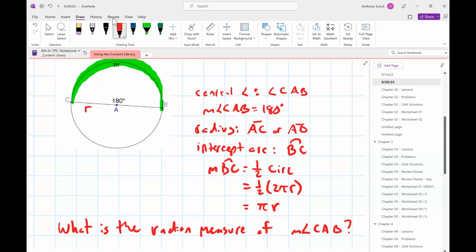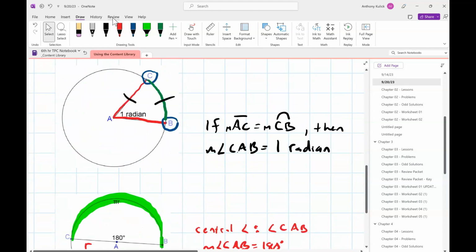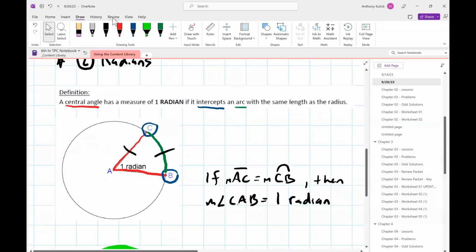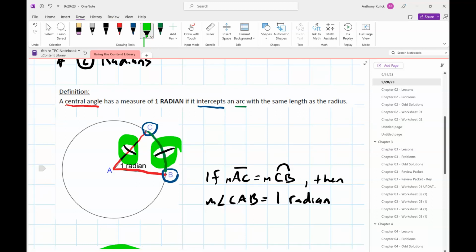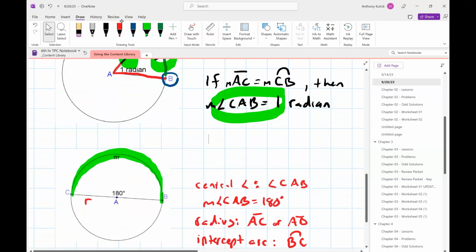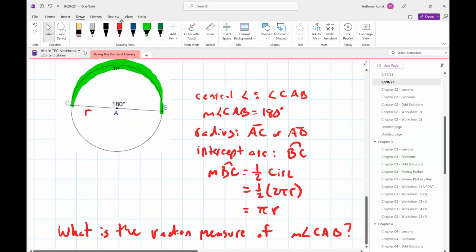Okay. So again, above we saw that if the radius length was equal to the arc length, then the angle measure is 1 radian, right? So here, our arc length is pi times the radius, right?